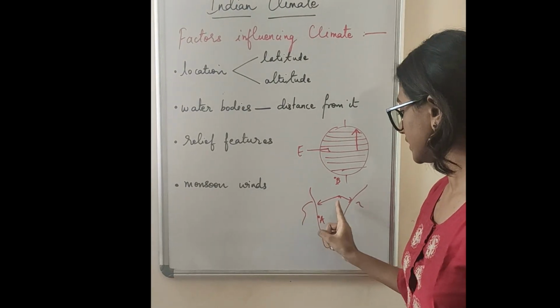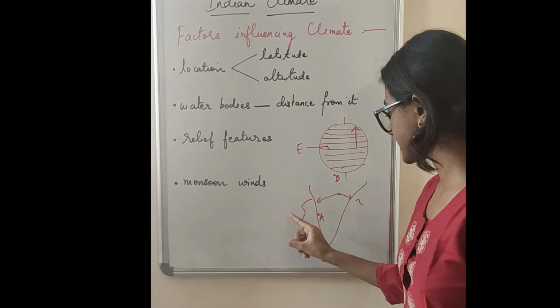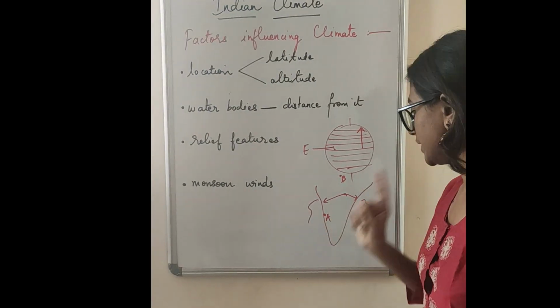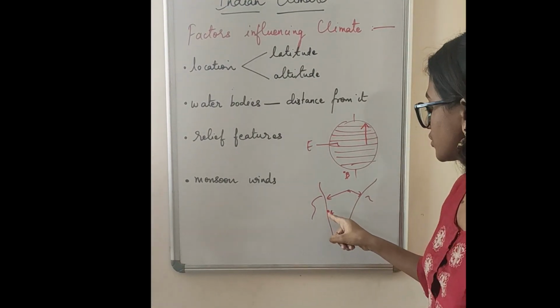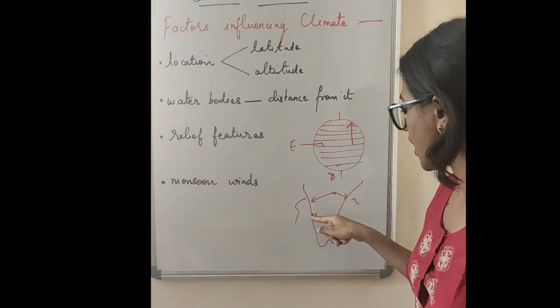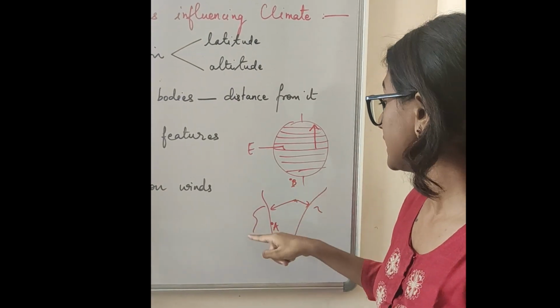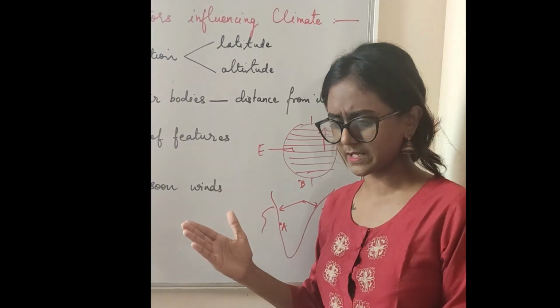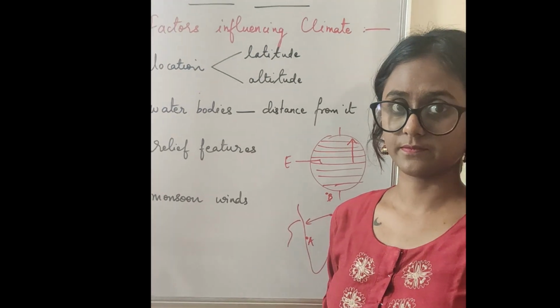That's because of something called the land breeze and the sea breeze, which I'll talk about later. But you need to know that if you're close to the water body, then your climate is moderate, and if you're far away from the water body, then your climate is extreme. You have either too hot summers or too cold winters.